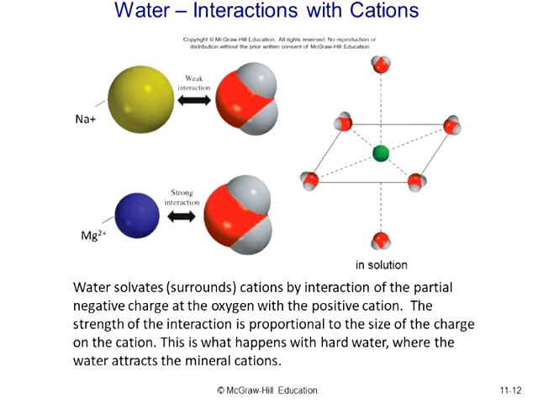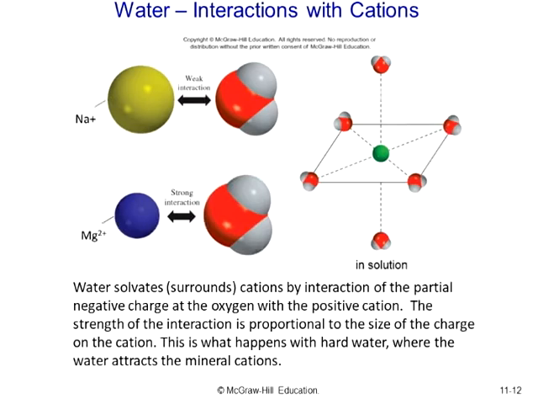Now, water will also interact with cations. We show you here an example of a sodium plus cation, and then we have a magnesium plus 2 cation, and those cations interact with the partial negative on the water molecule to produce an intermolecular force of the cation with the water molecule.